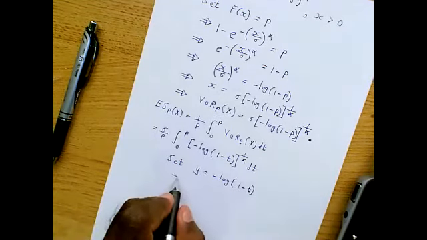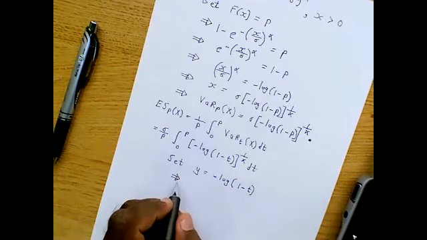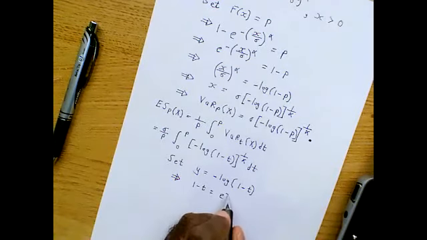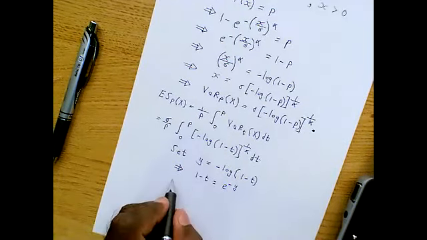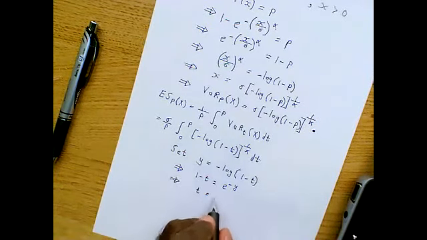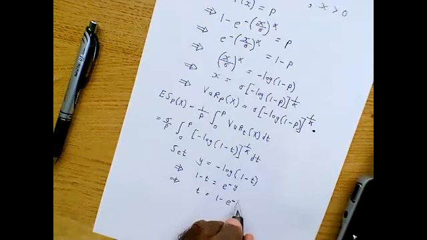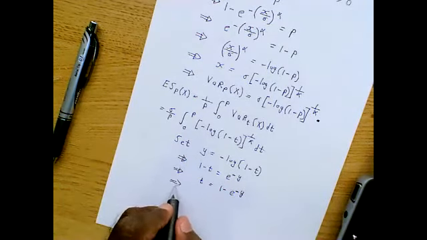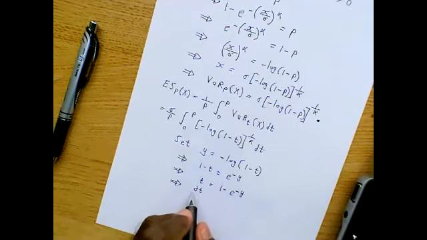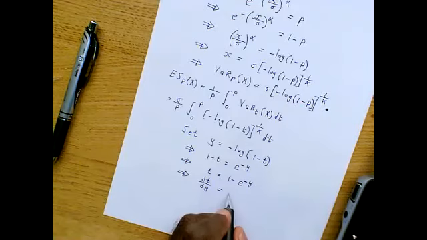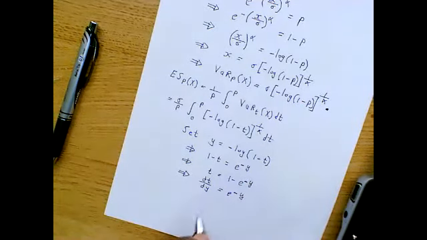So this implies that 1 minus t is equal to e to the minus y. So your t is 1 minus this, and your dt by dy is e to the minus y.